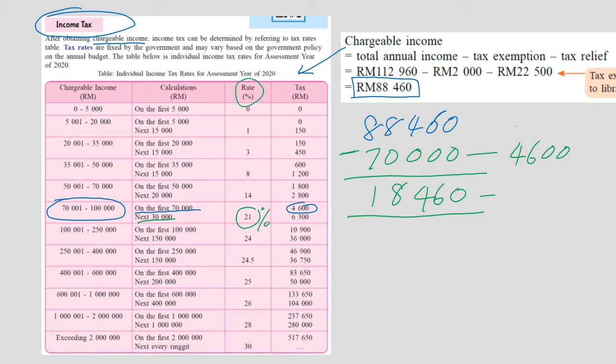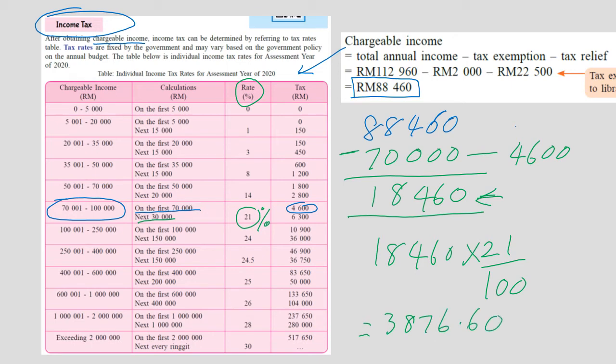That means this balance, you have to times with 21%, and you'll get 3,876 and 60 cents.